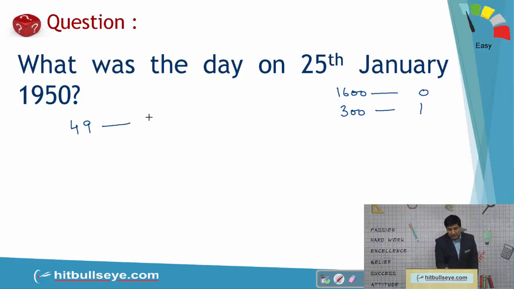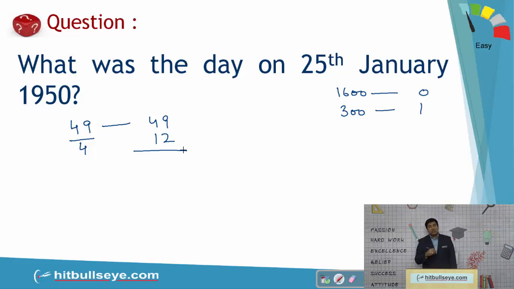In 49 years, 49 extra days must have been generated. Going for the leap years, we have 12 more leap years, so 12 more extra days. The total number of extra days is 61. Dividing by 7, we have 5 net extra days left.